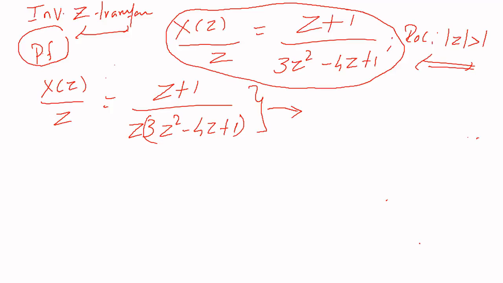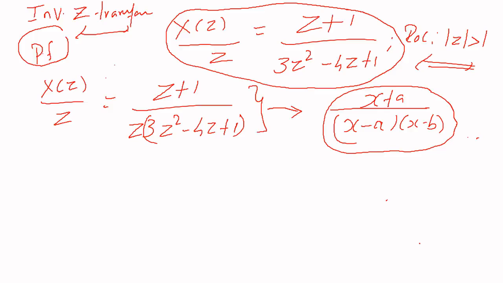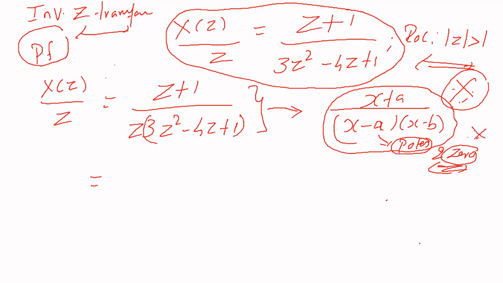We first have to reshape this equation into a general form like z plus a over z minus a into z minus b, a ratio of polynomials in factored form. Only then can we find the location of the poles as well as zeros. This is one critical step before finding the inverse z transform. Why are we doing this? Because it exposes the location of the poles and zeros. This is very important information that many might have missed.